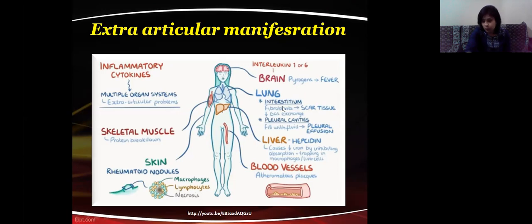There, the fibroblasts in the interstitium will get activated and proliferate, and there will be generation of scar tissue. The lung tissue will be fibrosed, due to which gas exchange in the alveoli will get hampered. Even the pleural cavities will get inflamed and it will cause pleurisy, which will convert into pleural effusion.